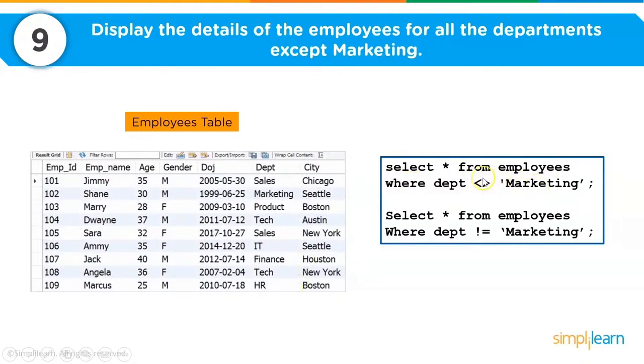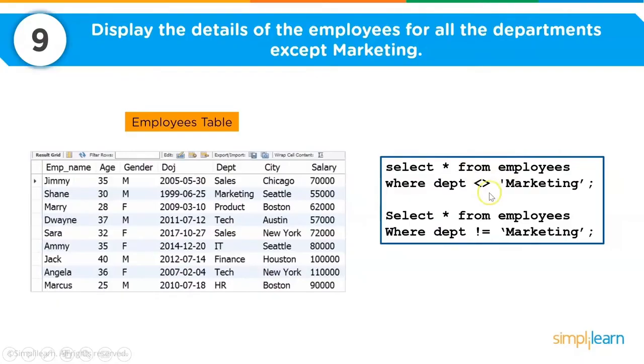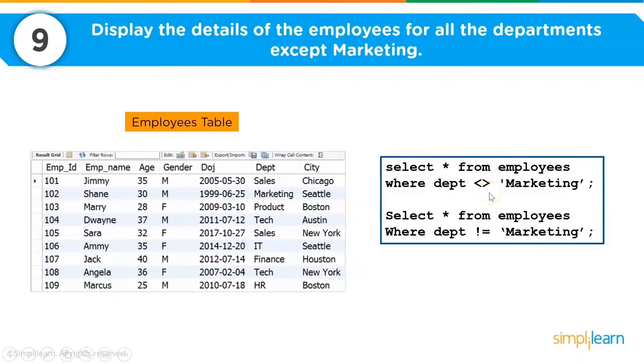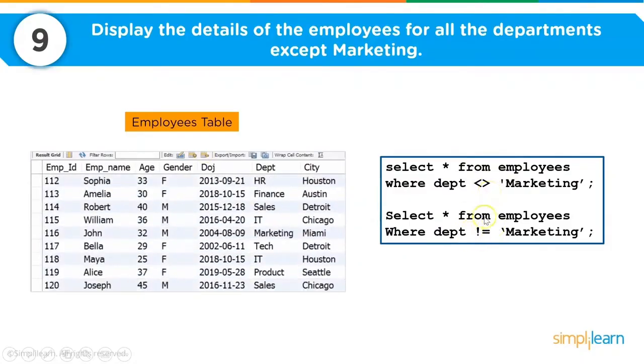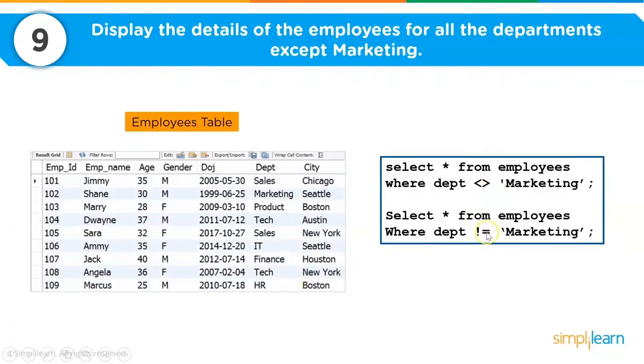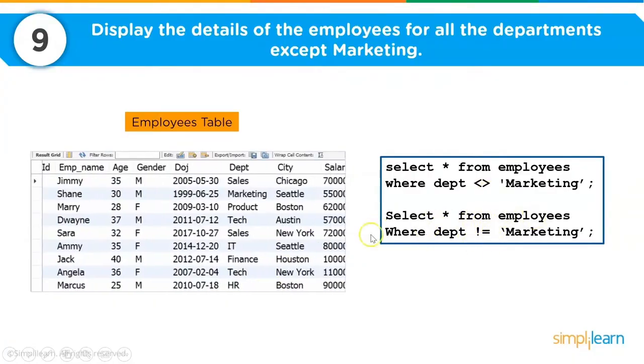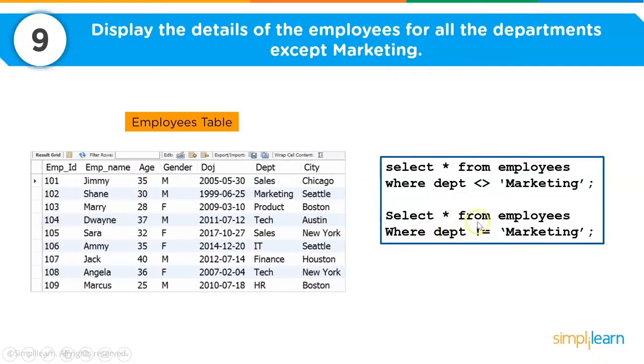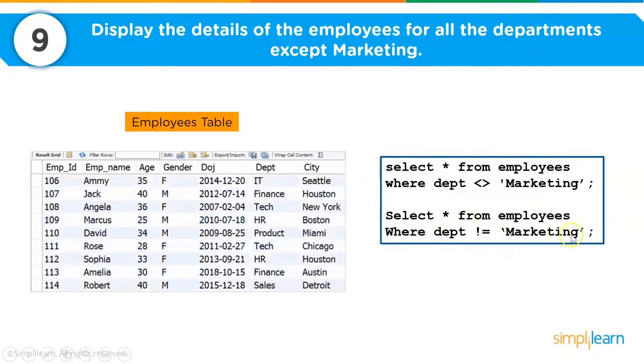So this is the way how you write not equal to. So you use the less than and greater than symbol. Another way to do is use the exclamation mark and give equal to. So this means select all the employees where department is not equal to marketing.